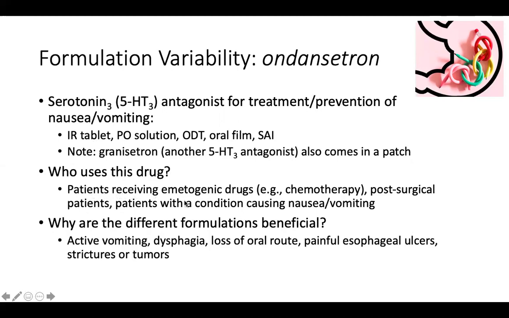Patients receiving emetogenic drugs, like in chemotherapy, post-surgical patients, and patients with a condition causing nausea or vomiting. Different formulations are beneficial because with active vomiting, we don't want the patient to vomit it back up. Also if we have swallowing issues, loss of an oral route, painful esophageal ulcers, strictures, or tumors.